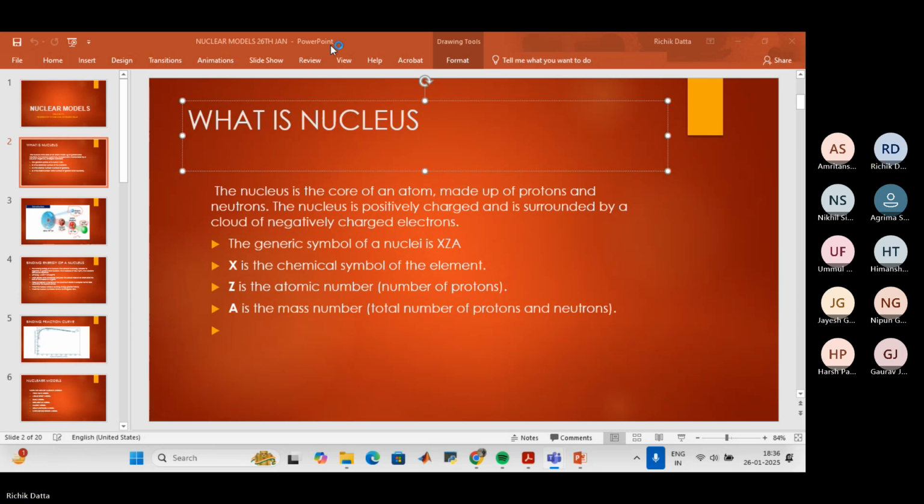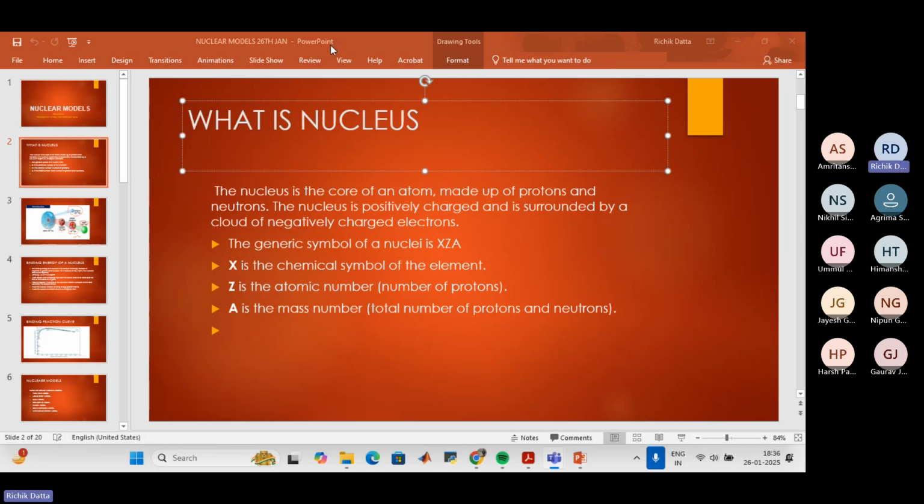This is a very basic thing. If I give you some random atom, say oxygen, the isotope O 16 8, you can easily determine the number of protons and the number of neutrons from this generic symbol of nuclei.